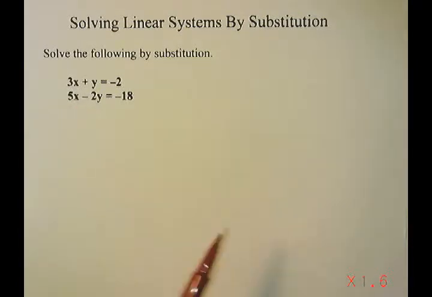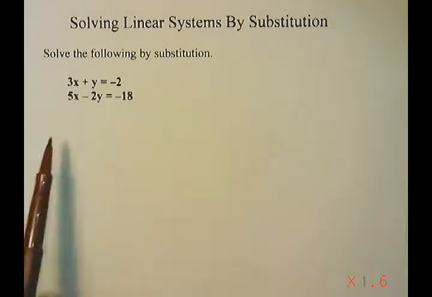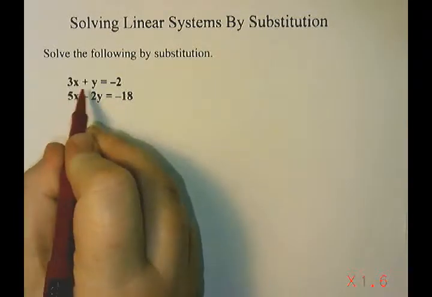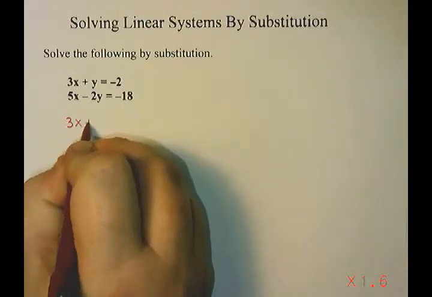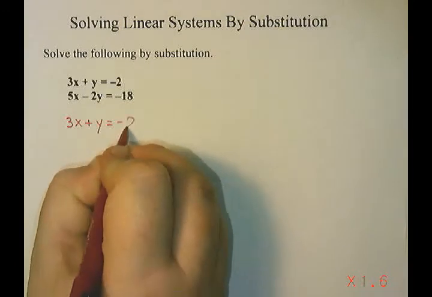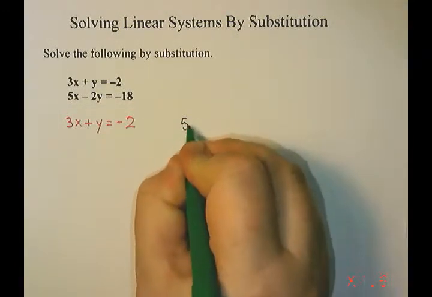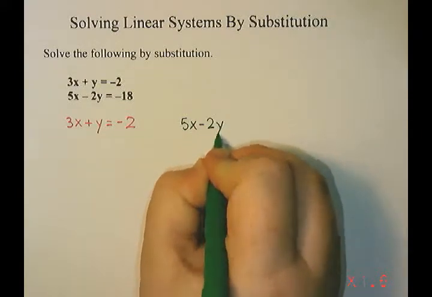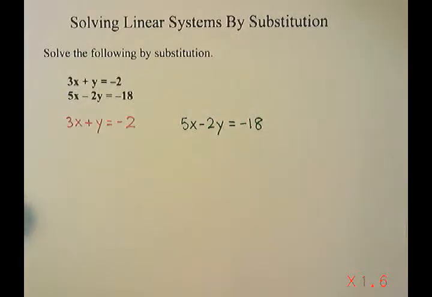So in order to do that, I'm going to take my two equations and write them separately side by side. So I have 3x plus y equals -2, so I'm going to write that one down. And then I have 5x minus 2y equals -18. And I'm going to write that down just beside it.